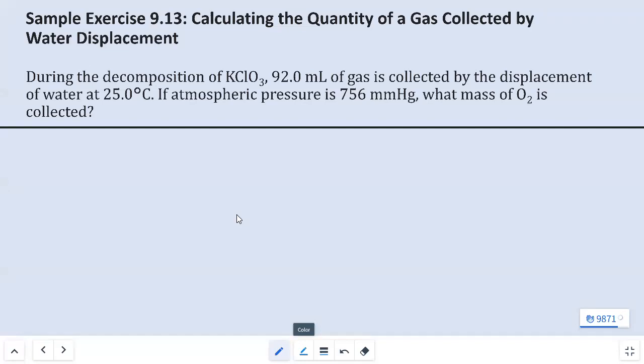So let's take a look at this last application, and then we'll call it a day. During the decomposition of potassium chlorate, 92 milliliters of gas is collected by the displacement of water at 25 degrees Celsius. If atmospheric pressure is 756 millimeters of mercury, what mass of oxygen was collected?